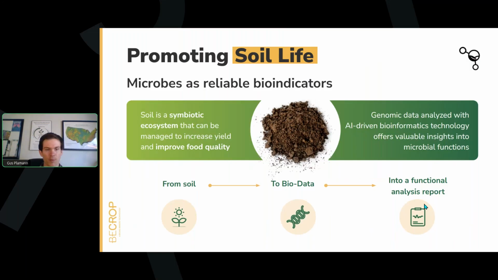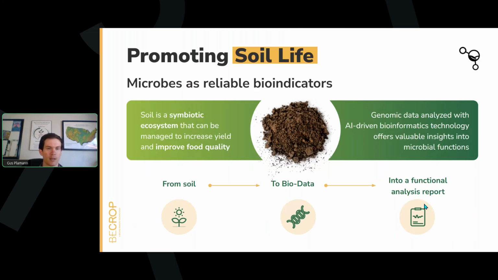So to give a really quick overview of how this technology works, soil is not necessarily just an inert substance, or just essentially dirt or a media for plants to grow in.